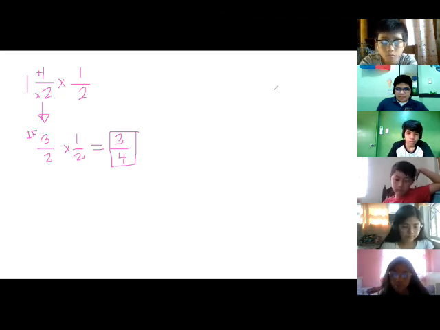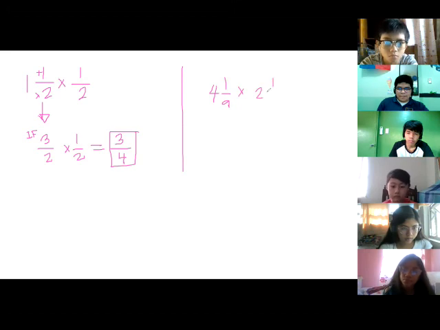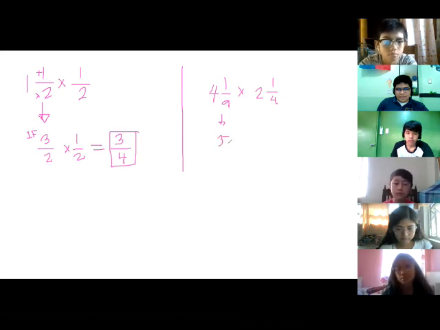Next example, the final example, we have 4 and 1/9 times 2 and 1/4. Pareho sila mixed number. So what we need to do first is to make that into improper fraction. So 4 times 9 is 36 plus 1, that's 37/9.